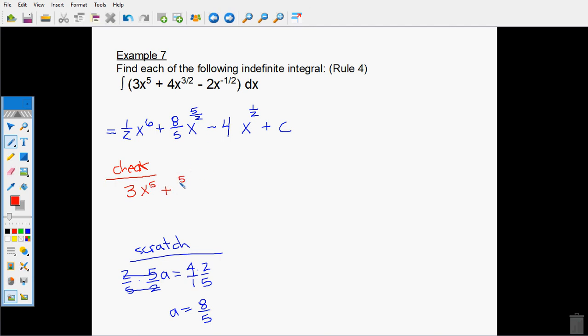Here I have 5/2 times 8/5, x to the 3/2, minus 2x to the -1/2. This is going to be 4x to the 3/2. And I do have what I wanted to land on.